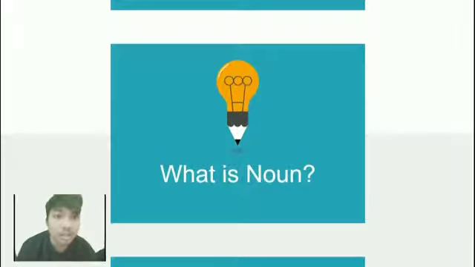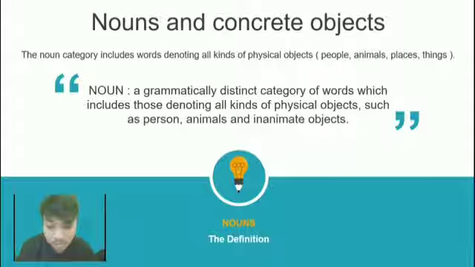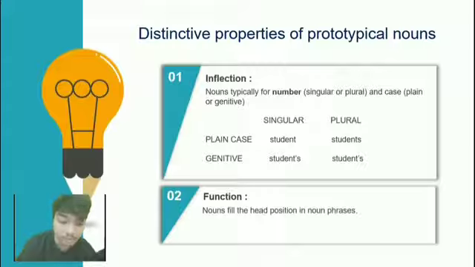Okay, what is a noun? A noun is a grammatically distinct category of words which includes words denoting all kinds of physical objects such as people, animals, places, and things.